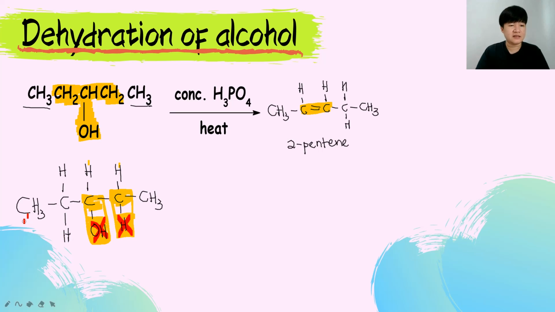So you have this remaining. So we recopy the structure. You have your CH3. You have your CH. You have your CH, OH removed, so you form a double bond, H at the bottom removed, so you have only one H left, and then you have your CH3.